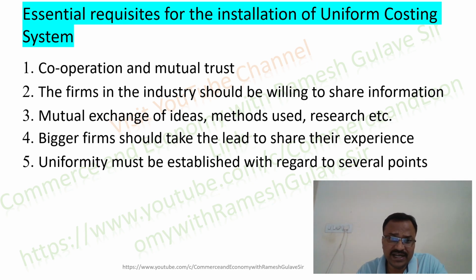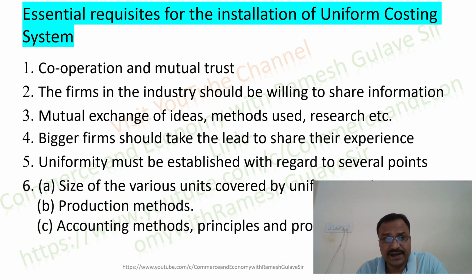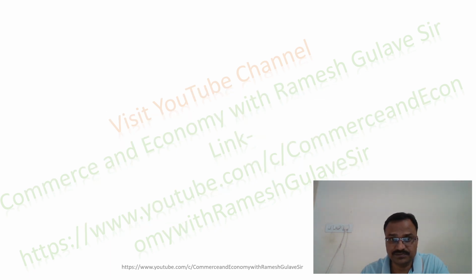So uniformity can be there in several areas, right? The next requisite says the size of the various units covered by uniform costing, and then production method, accounting method, principles, and procedures used. So in these areas there can be uniformity, right? So these are the requisites for the uniform costing system.